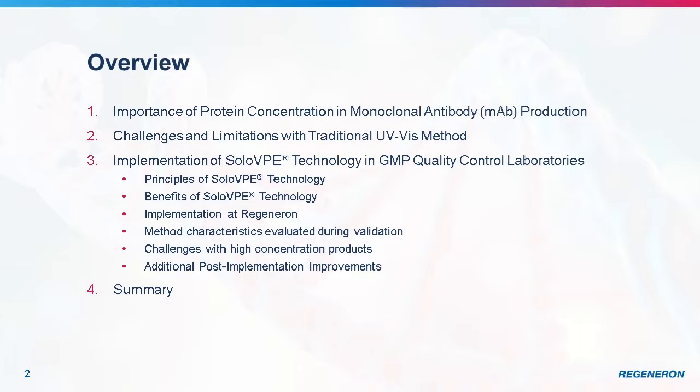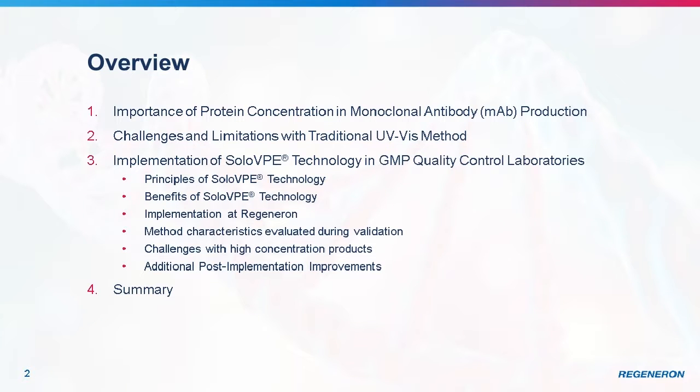First, we'll overview some of the topics that we'll discuss today. Starting off, we'll talk about the importance of protein concentration in monoclonal antibody production, some of the challenges and limitations we see with the traditional UV methods, and then we'll go into the implementation of the SoloVPE technology in GMP quality control laboratories.